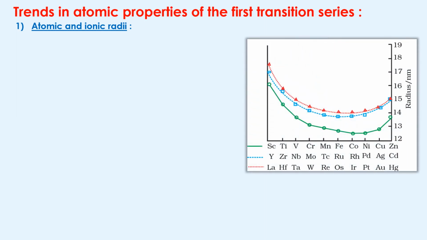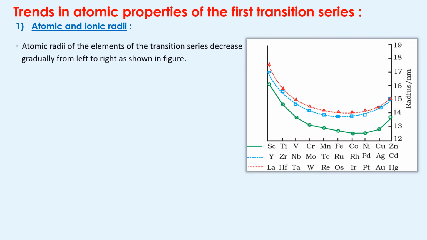So you observe in this figure. What happens to the atomic radii of the elements of this transition series? It decreases gradually from left to right. If you observe in this figure, from scandium to zinc there is a decrease in atomic radii.